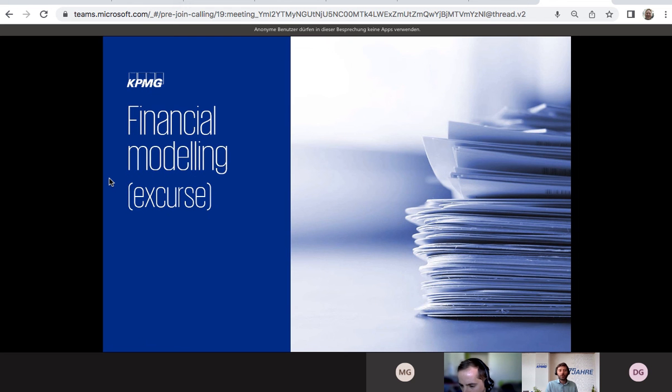Yeah, you can show, for example, the business plan tables, like P&L, balance sheet, cash flow statement, with historical figures and plan figures, and it would be great if you write down the main assumptions on the PowerPoint slides.